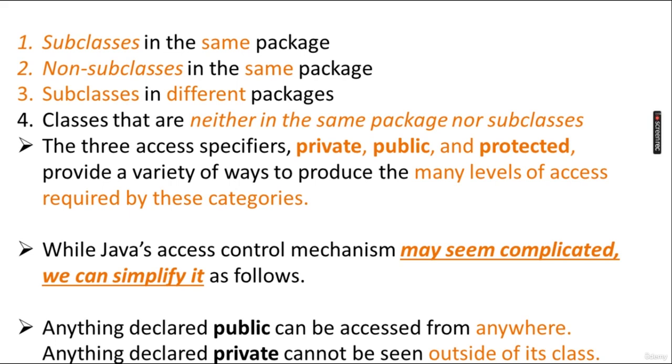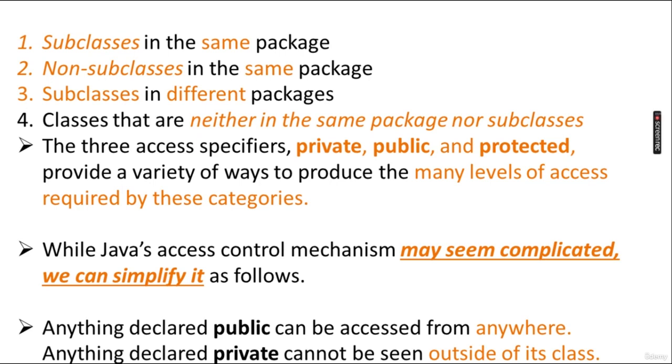This way subclasses are spread across different packages. The fourth one is classes that are neither in the same package nor subclasses. These are independent classes not related to other classes in other packages. Each class is separate.